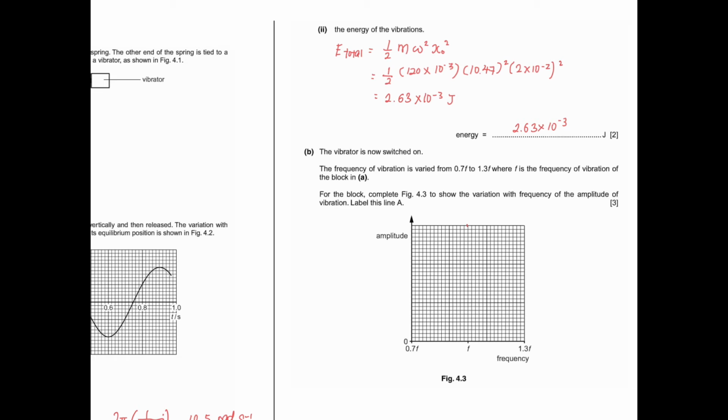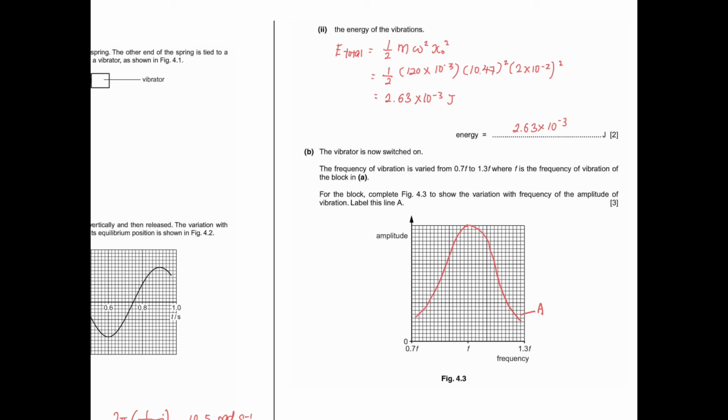Then it will just be like this. So the graph is like this. This is for A. Of course over here you have to know the amplitude is 2 times 10 to the power negative 2. Okay, so now let's see the next page.